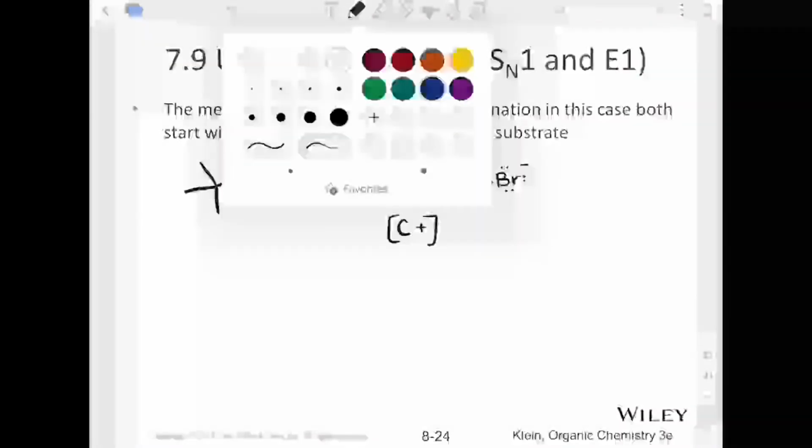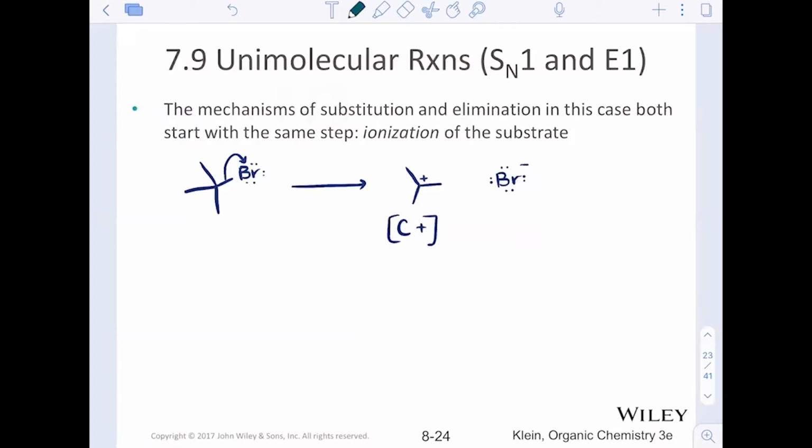Now from here, after that first step, that rate determining step of loss of leaving group, this first step can actually funnel us into both the substitution and the elimination.